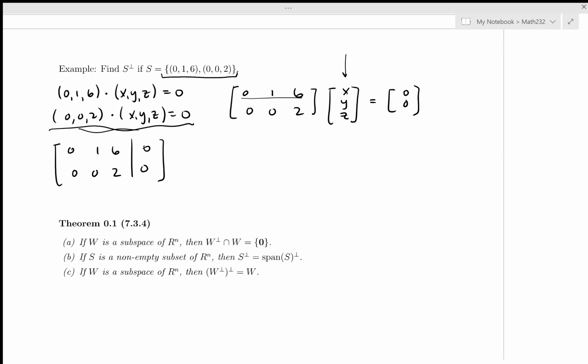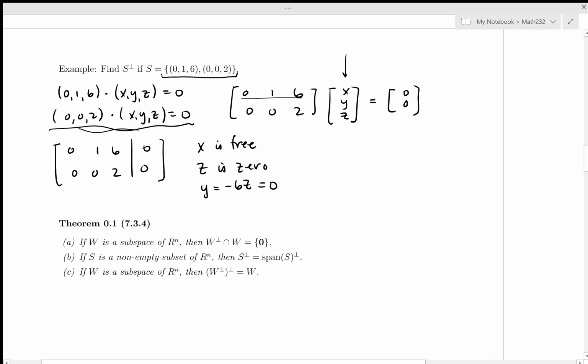We can see directly that x is free, z is 0, and y is minus 6z, so that means y is also 0.